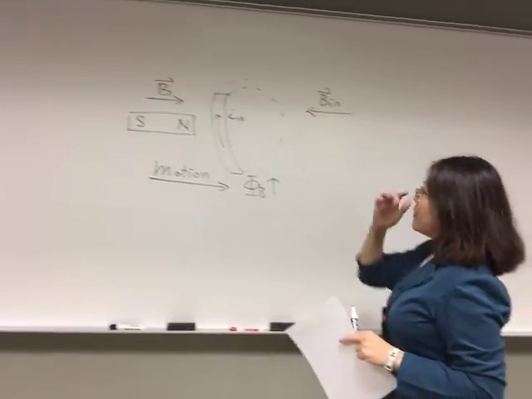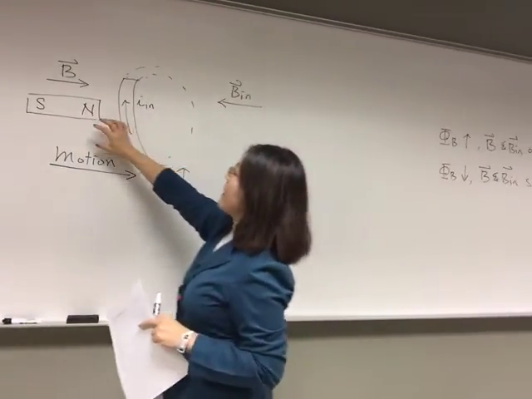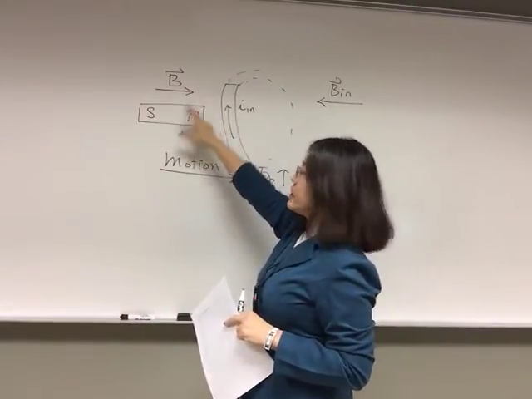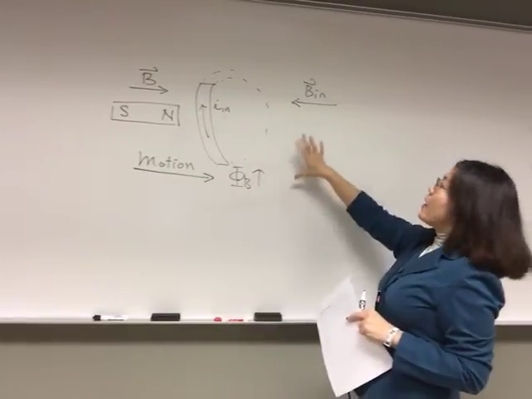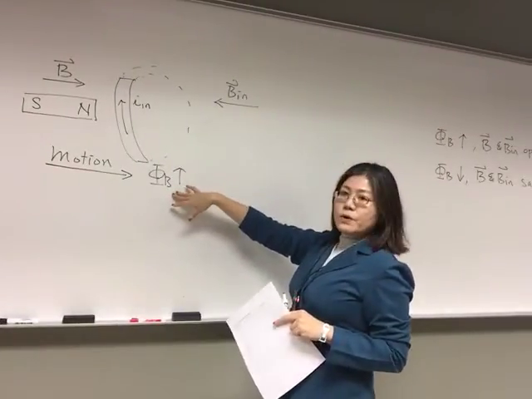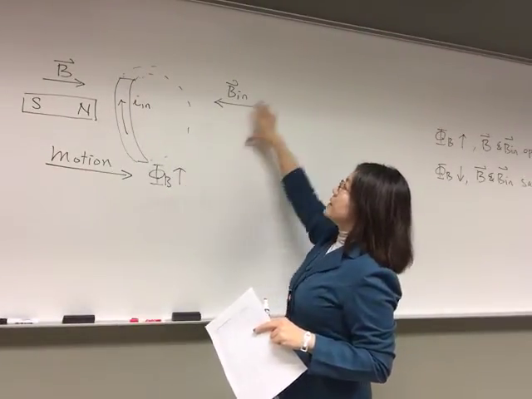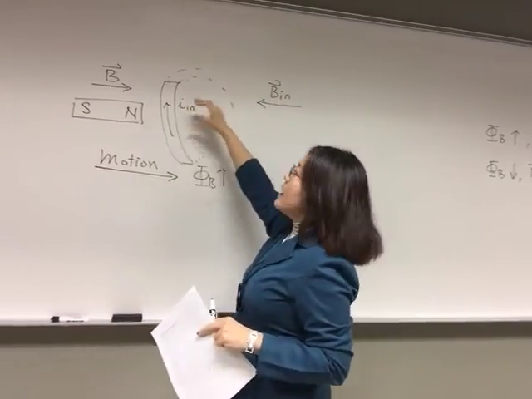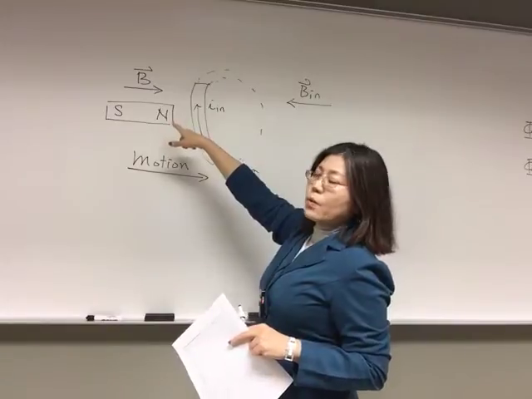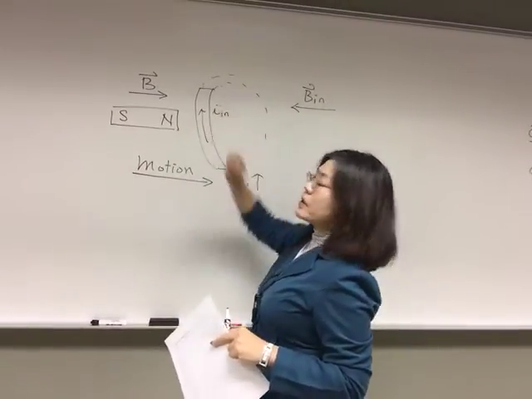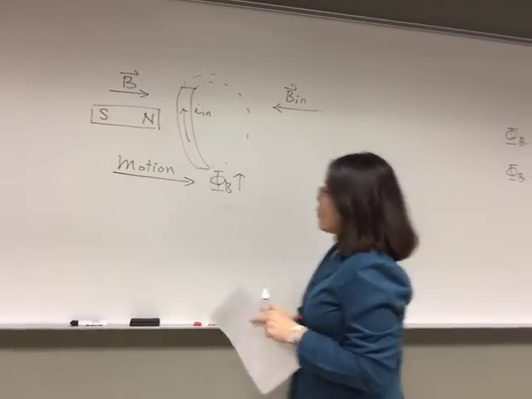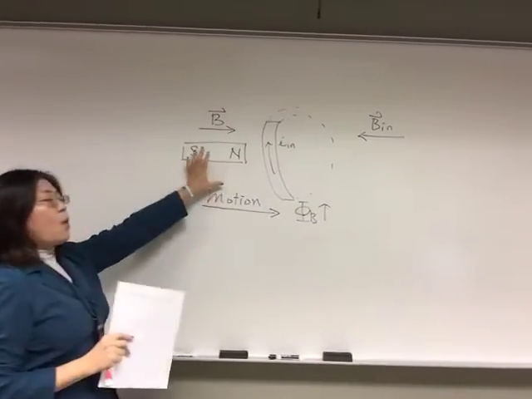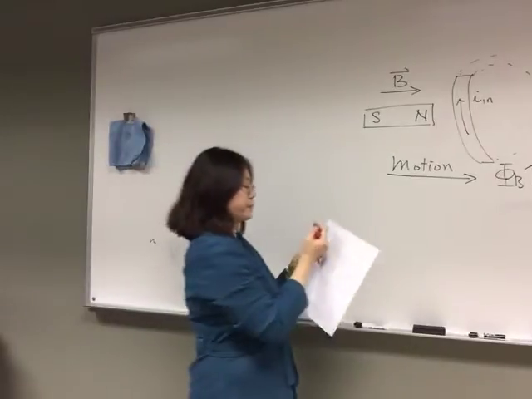So that gives you an example: when you have a bar magnet with a magnetic field pointing rightward, with the motion rightward as well, then magnetic flux increases. When the magnetic flux increases, the induced magnetic field is in the leftward direction, opposite to the original, and you use the right hand rule to deduce the current direction. What about if I move this bar magnet away from the current loop?